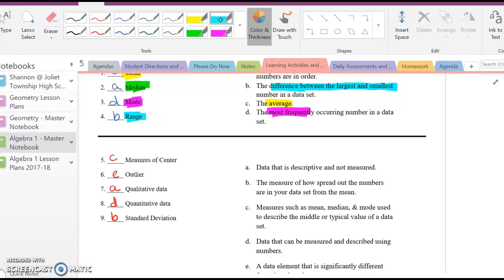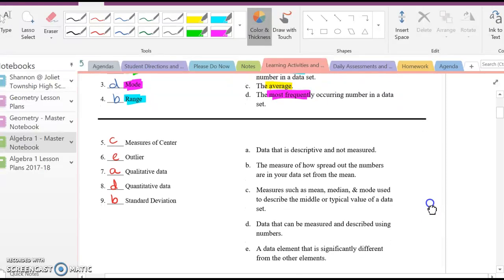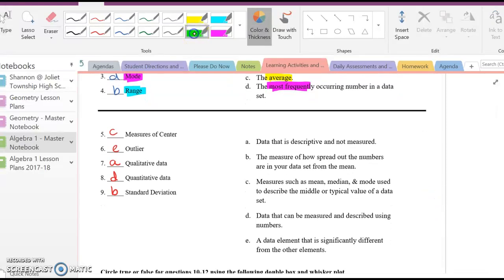For 5 through 9, we're looking at C, E, A, D, B. Our words for those: data that is descriptive and not measured, so descriptions are qualities about data. Data described using numbers was your quantitative data. Your spread, we talked about that with the normal curve, that's standard deviation.